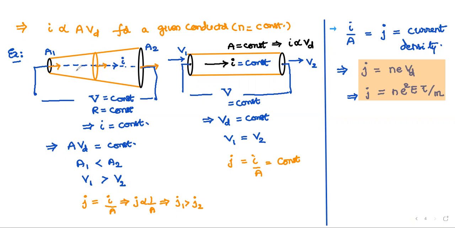Through all cross sections, the current crossing remains the same. I equals constant. But when you come to the exam, suppose they select a cross section like this.